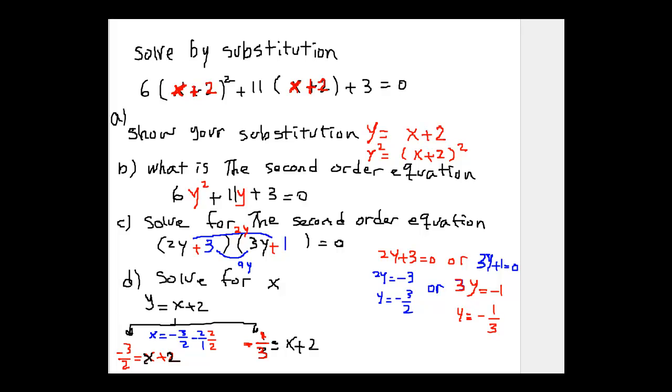So x is equal to minus 3/2 minus 4/2, minus 7/2. And the second case, we have x is equal to minus 1/3 minus 2/1. If I multiply that by 3/3, then I get minus 1 minus 6, which is minus 7/3.